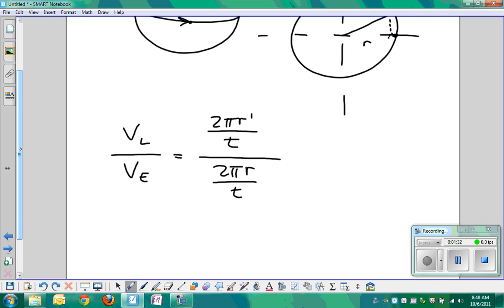When we compare things and do them as ratios, it allows us to cancel out all the stuff that doesn't matter to our comparison. Okay? 2 pi, gone. T, gone. So the ratio we're looking at is simply the ratio of our radii, isn't it? Whoever has the biggest radius is going to be going the fastest because it's in the same amount of time. Can you see that as a scaling problem?